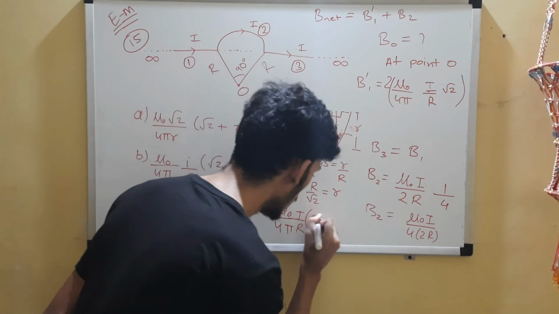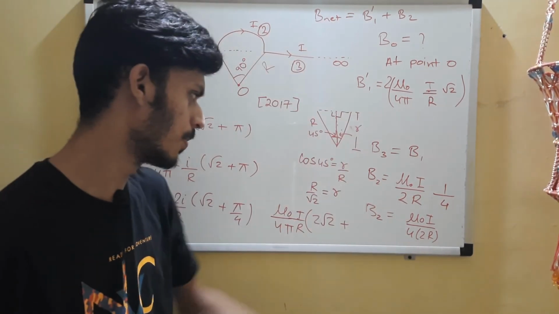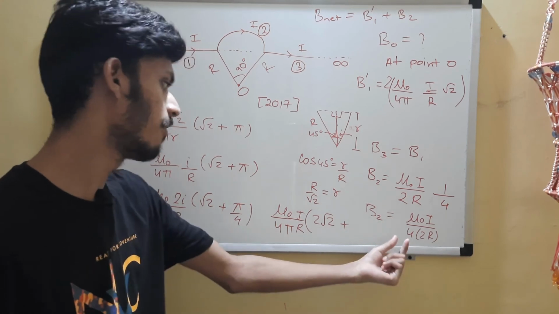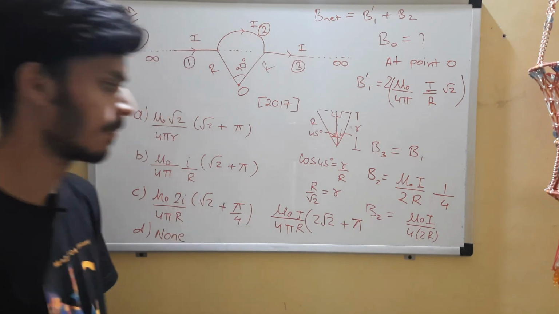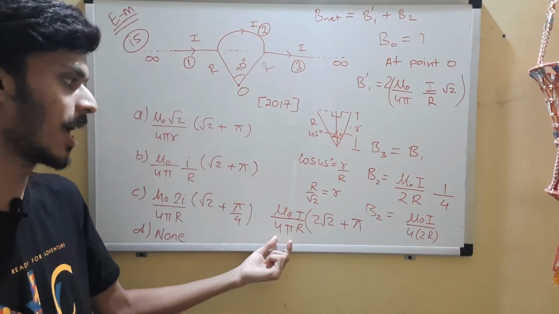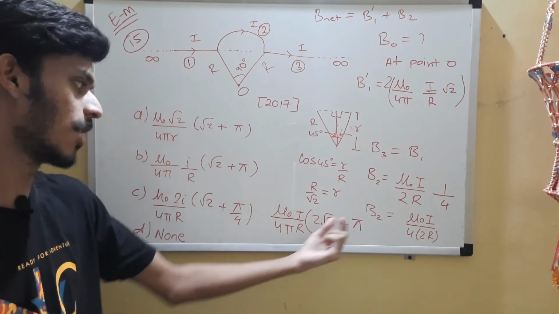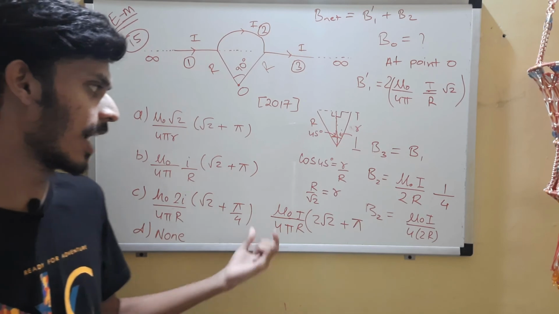So here we will have 2 root 2, and from here since we don't have a pi over here in the denominator, I'll multiply it by pi. Since I took 4 pi common, and we didn't have pi over there, I'm multiplying it by pi. You can open up and things will get back over here.